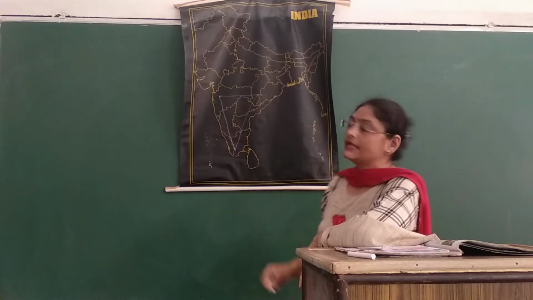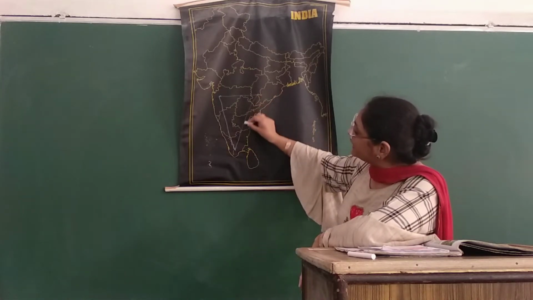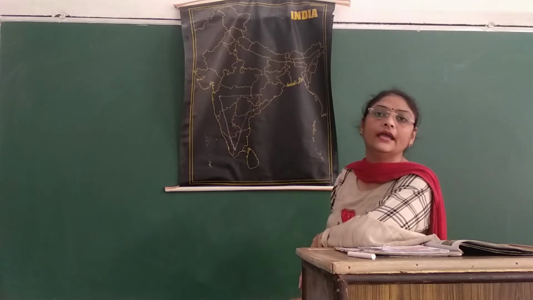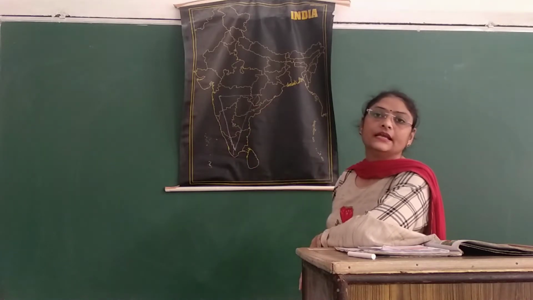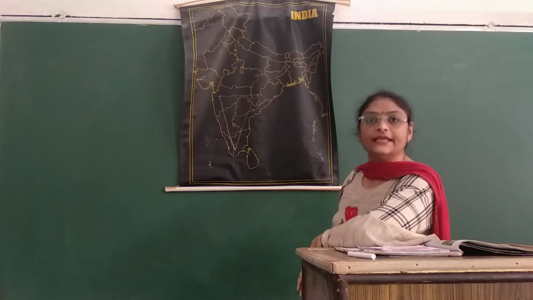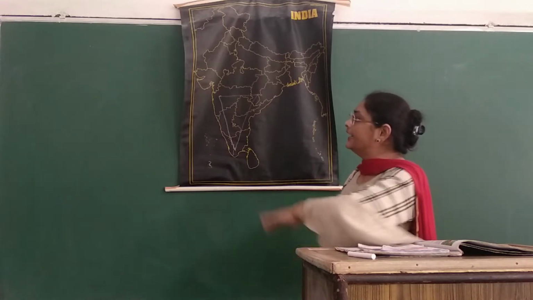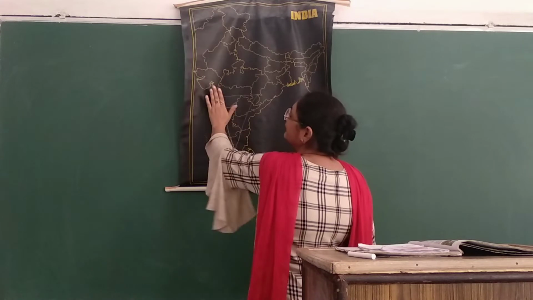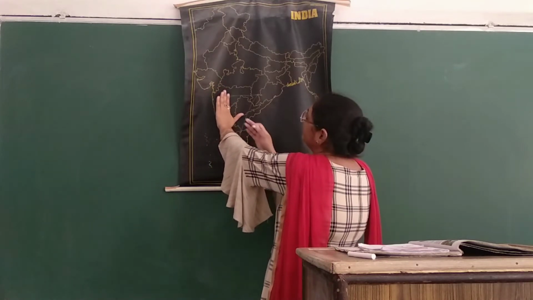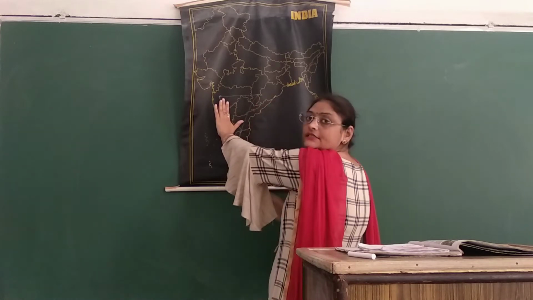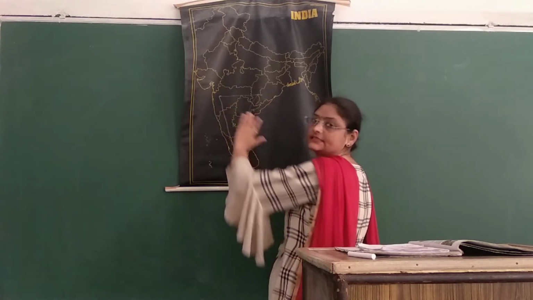It means the Eastern Ghat is dissected by rivers. This Ghat is irregular. I explained earlier to you that the Western Ghat is high and the Eastern Ghat is comparatively low.